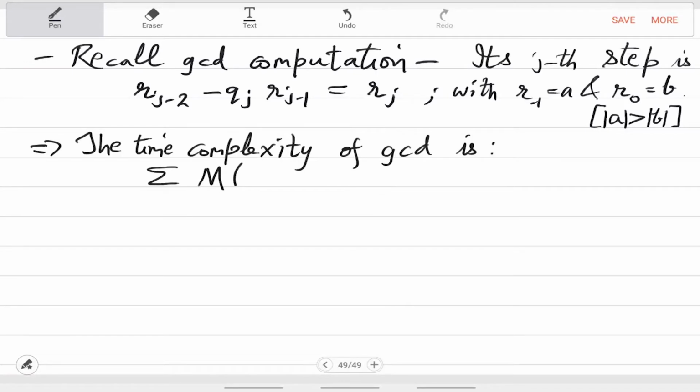You will first do division, which has complexity same as multiplication, and you will get the quotient Qj. Then you will multiply Qj with Rj minus 1 to compute the remainder. So the complexity of one step of long division is basically big M of log Qj, for all j.